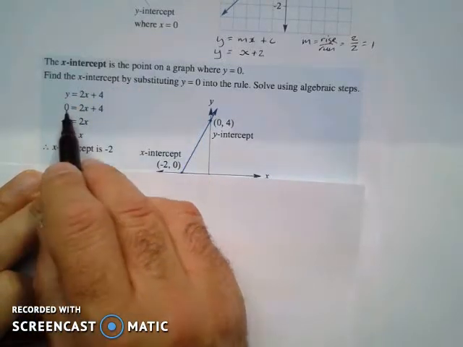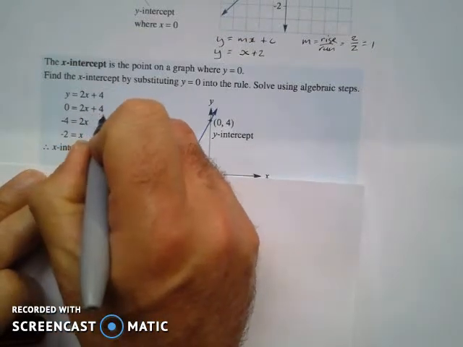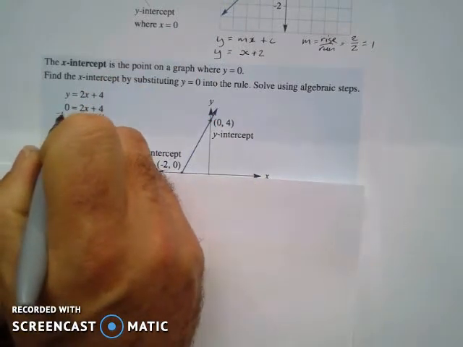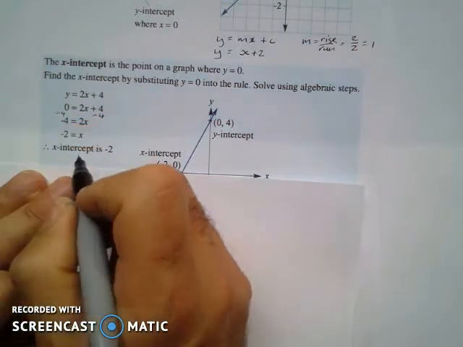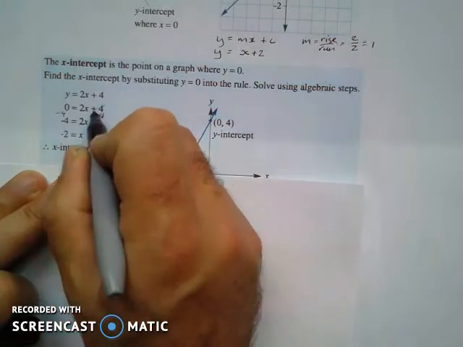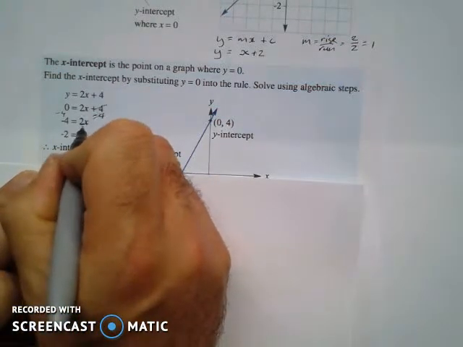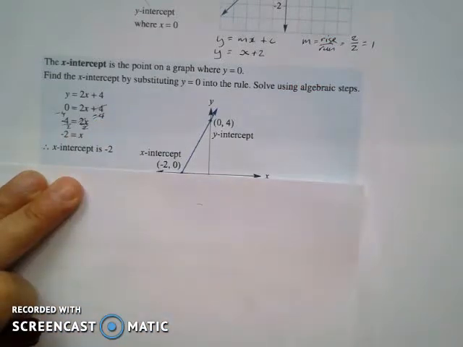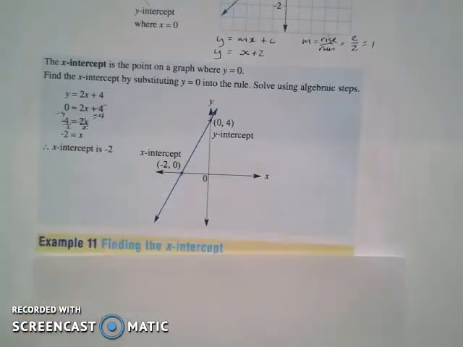If I substitute 0 in there, I take 4 from this side and 4 from that side. 0 take away 4 is negative 4, and the plus 4 minus 4 cancels. I'm going to divide by 2 on both sides. x equals negative 2. And that's how I find the x-intercept.